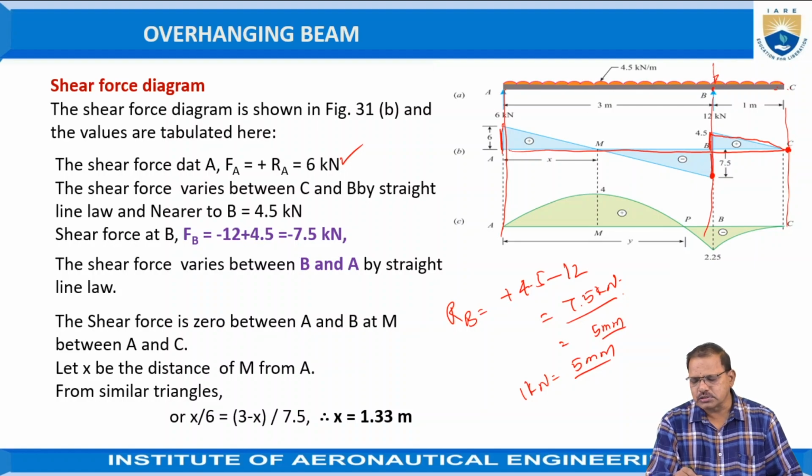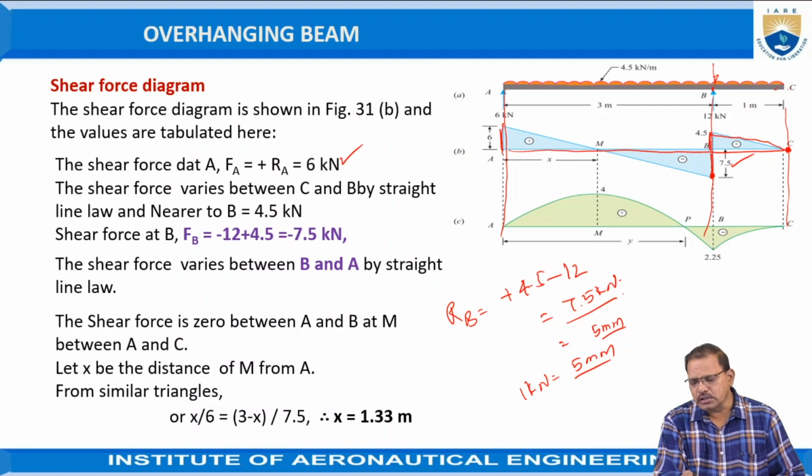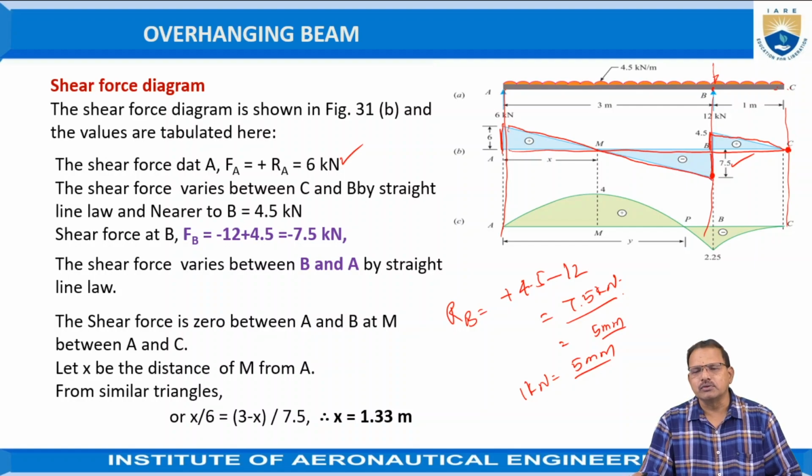Here it is positive 6 kilonewtons, and here 7.5 is negative. It changes from positive to negative according to the straight line law because it is subjected only to uniformly distributed load. Hence, join these two points using a straight line. This diagram is known as the shear force diagram for the cantilever overhanging beam.